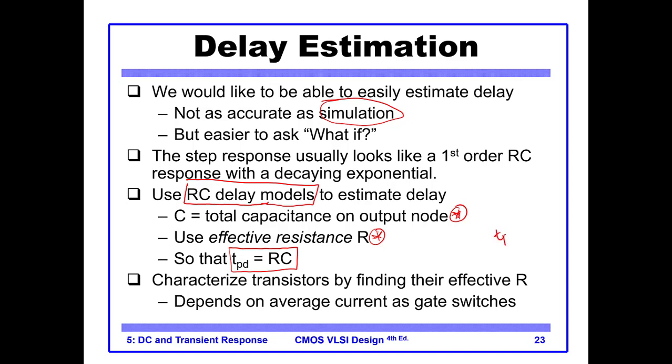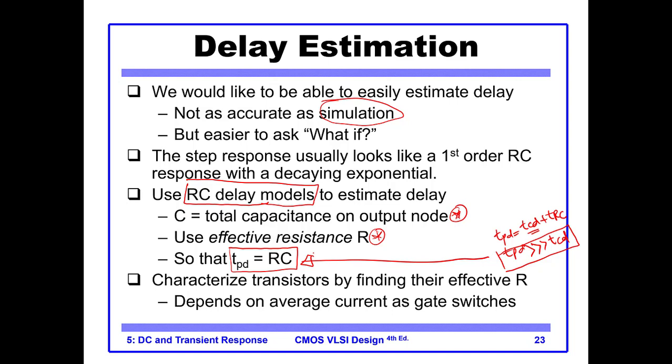Remember that I wrote TPD is equal to TCD plus TRC. But TCD is very, very small compared to TPD, so we can neglect it and we can say TPD is equal to RC, where R is our effective resistance and C is the total capacitance at the output load node.